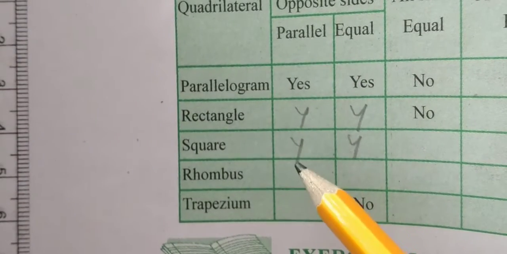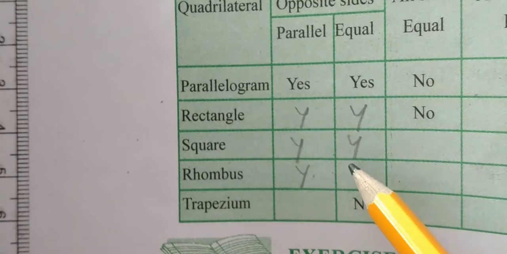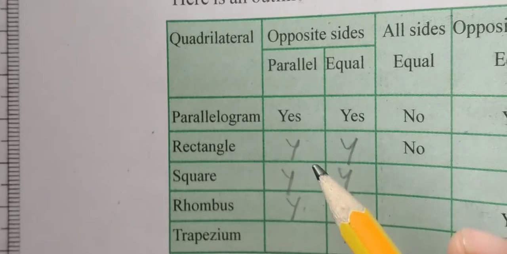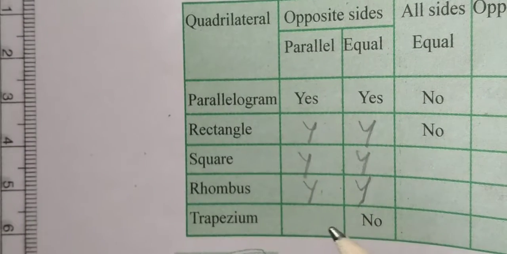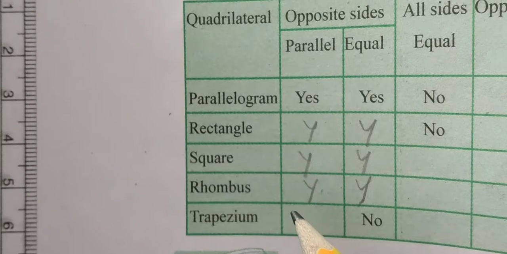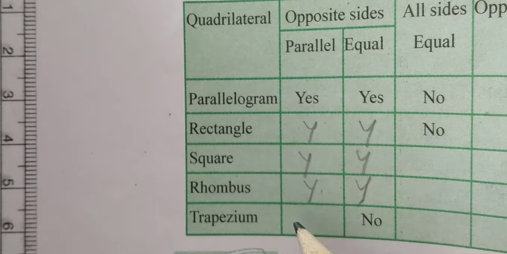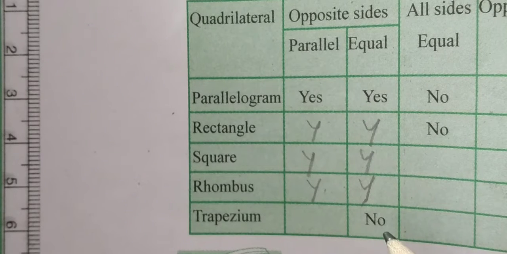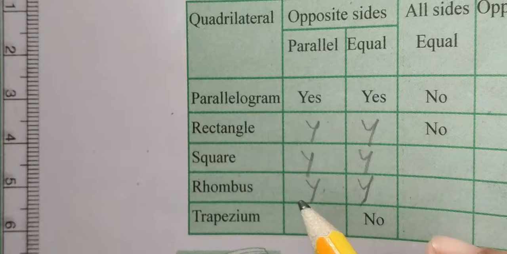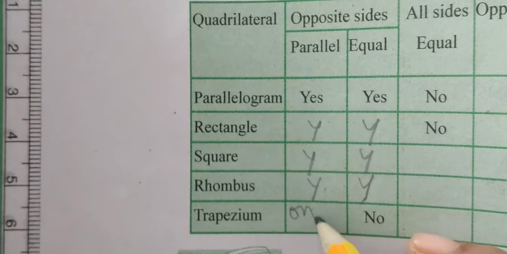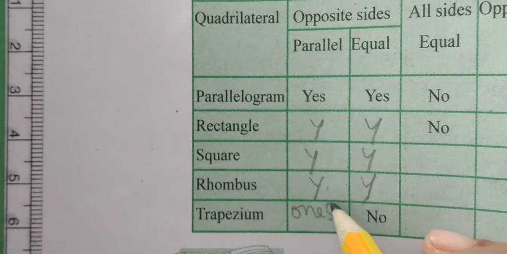Rhombus, yes, parallel and equal. What about the trapezium? Opposite sides, only one pair. One pair is parallel, so you cannot answer it as yes or no. Understood? And the sides are not equal, there you can write no. This is better, you mention it as one pair.